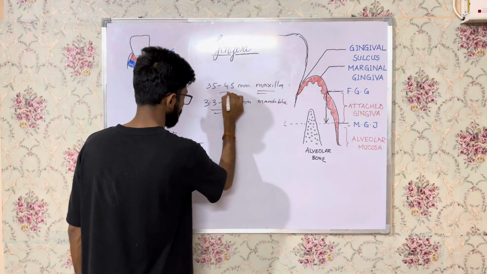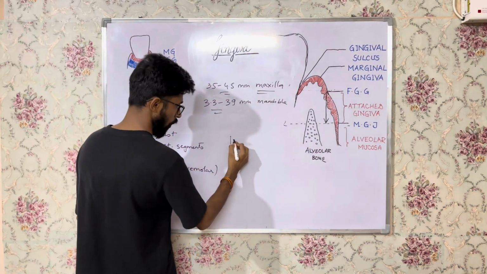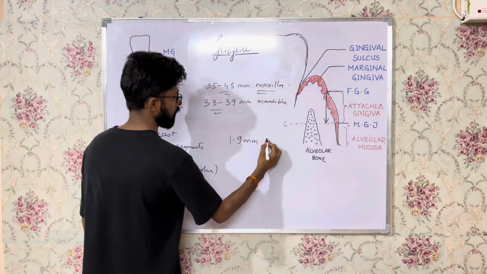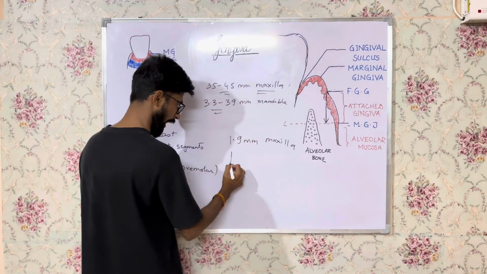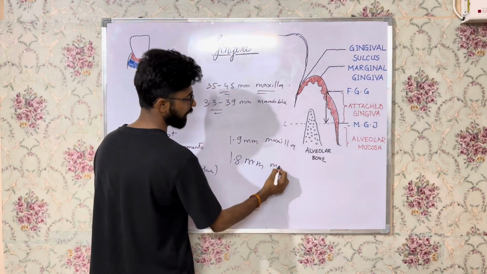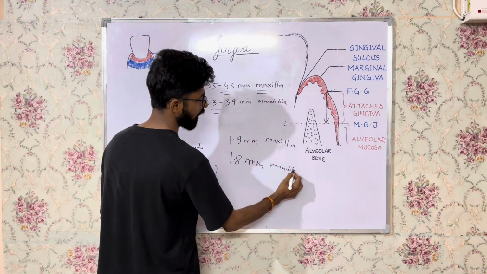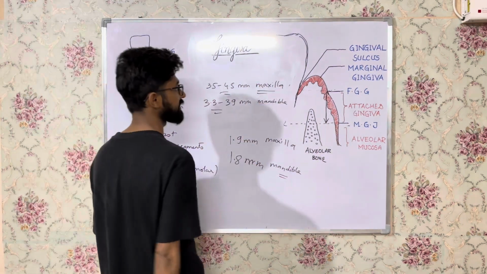Least in the posterior segment, specifically the first premolar: 1.9 mm will be the width in the maxilla, and 1.8 mm in the mandible. You will have to remember this. So this is the width of the attached gingiva.